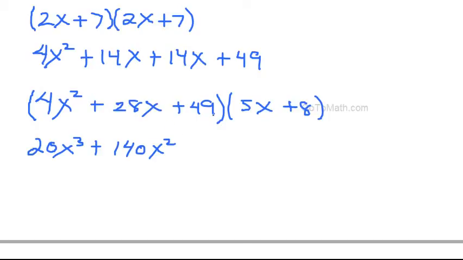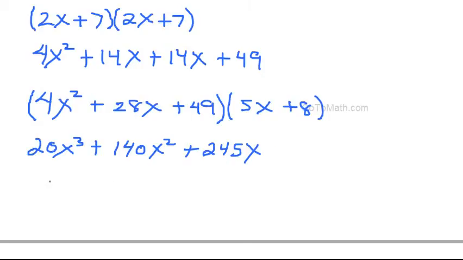Alright, and then let's see, 49 times 5x, so we have 49 times 5, which is 245. Okay, so that was 4x squared times 5x, 28x times 5x, and 49 times 5x.